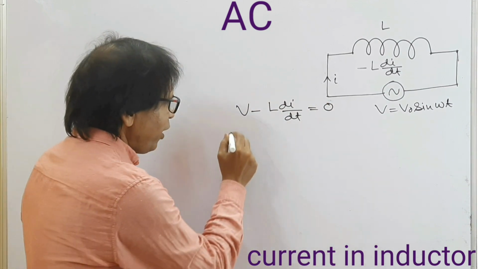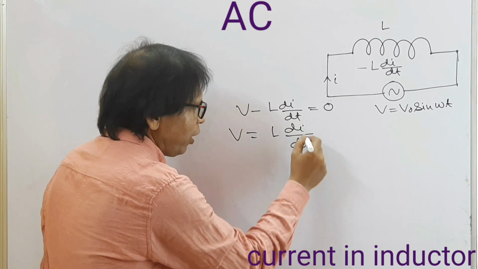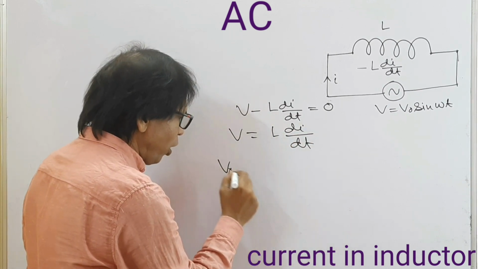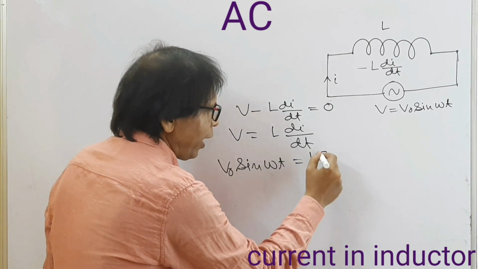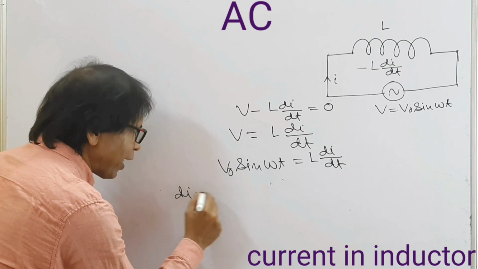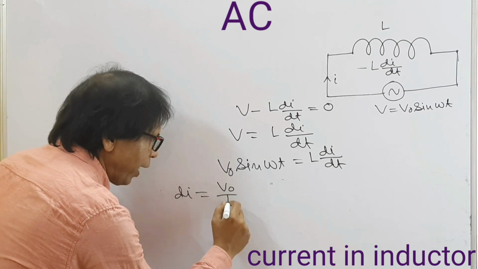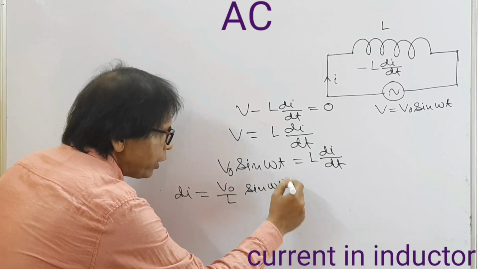So look at this, V equals L di by dt. Now this is V naught sin omega t and this is L di by dt. So here di equals V naught by L, sin omega t dt.